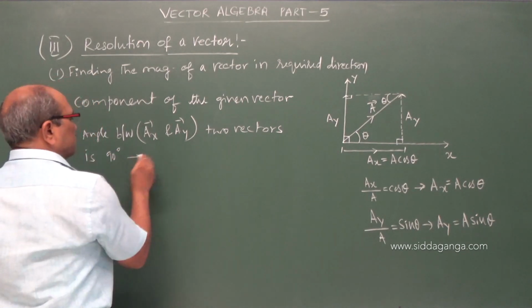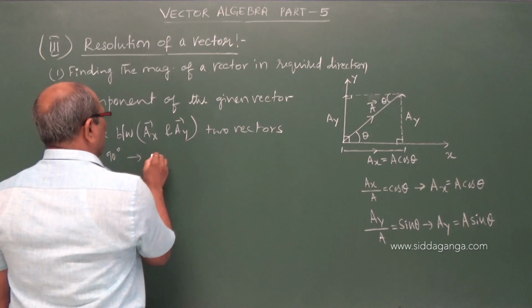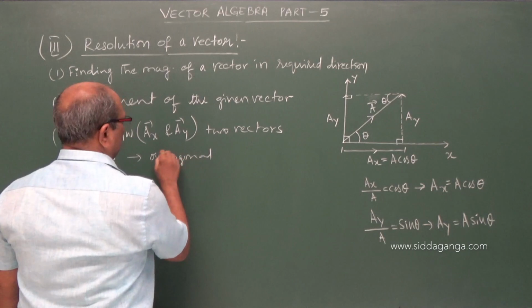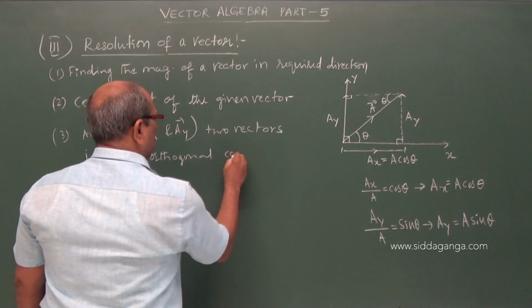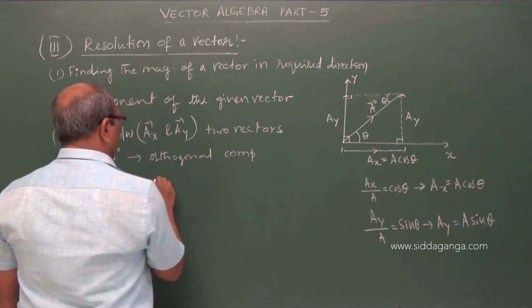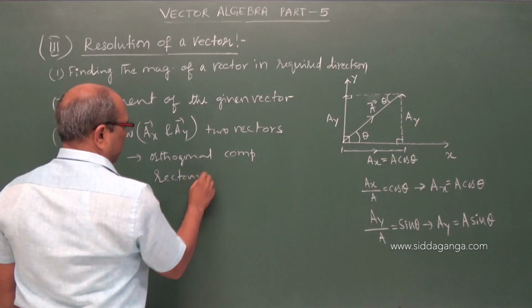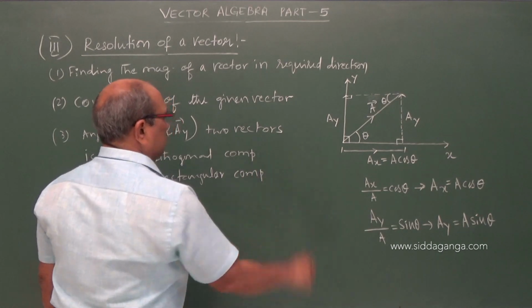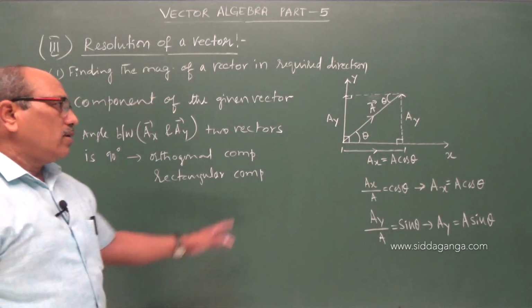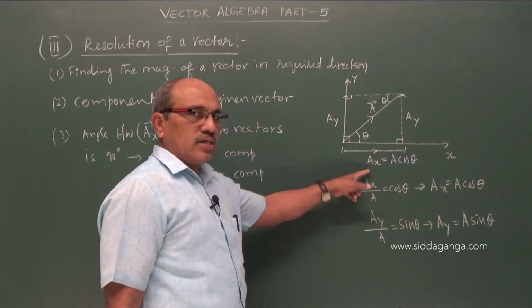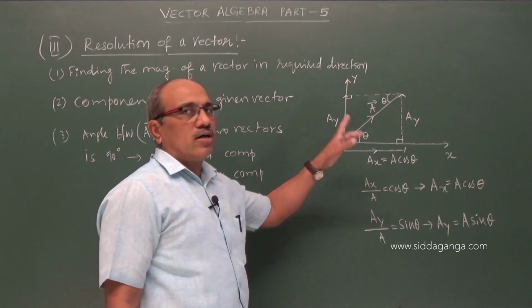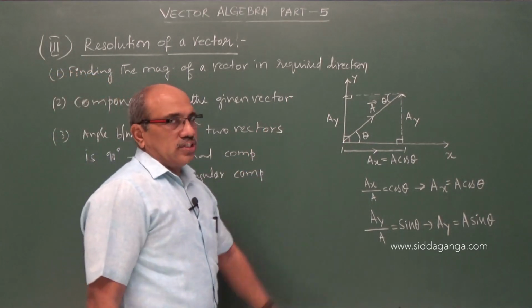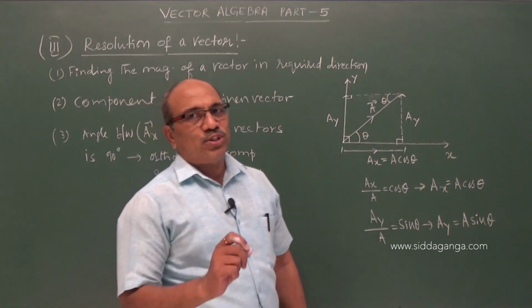Then we call them orthogonal components or rectangular components of a given vector. AX and AY are called rectangular components of the given vector. So this process that we did is called the resolution of a vector.